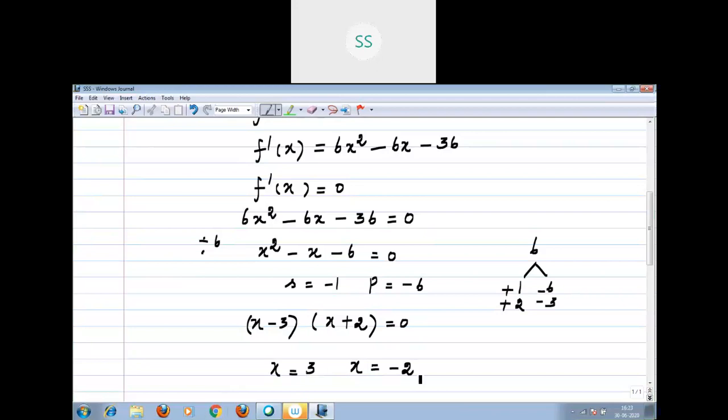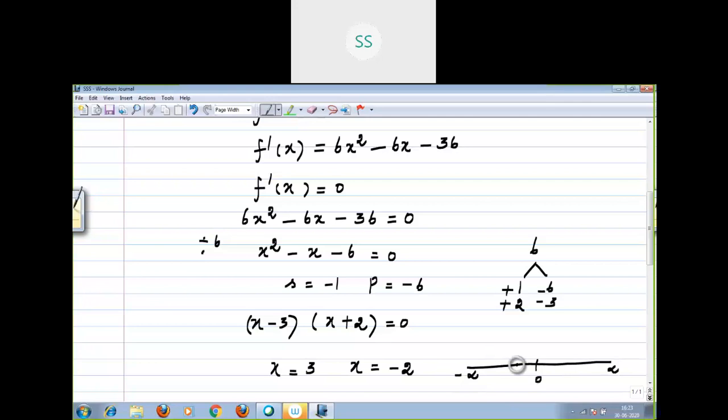That means the real line divides into how many intervals? 3 intervals, right? You see, I'm going to draw the real line, that is minus infinity to plus infinity. The middle point you consider as 0.